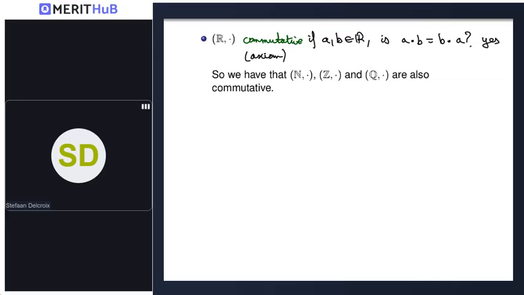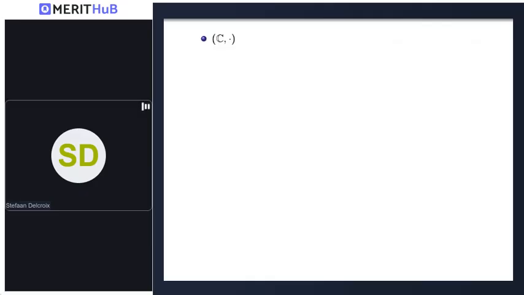That means that it's true for natural numbers, integers, rational numbers. We don't need to prove that. But for the complex numbers, we're going to have to prove it again. So, do you think that the multiplication of complex numbers is commutative? Correct, it is commutative.